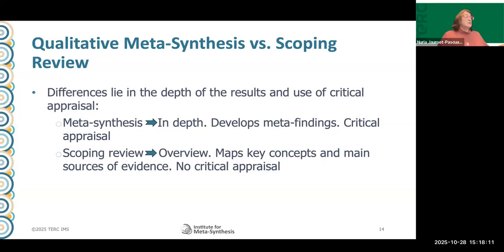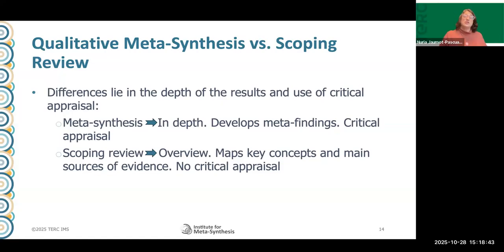While a metasynthesis looks to provide meta findings for a set of literature on this topic. So a scoping review might not describe the findings in detail or look for patterns the way a qualitative metasynthesis would. However, a scoping review will help in determining what literature is available on the topic and whether it makes sense to do a systematic review or qualitative metasynthesis.